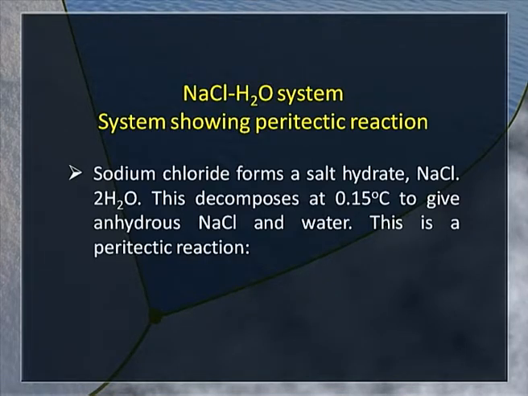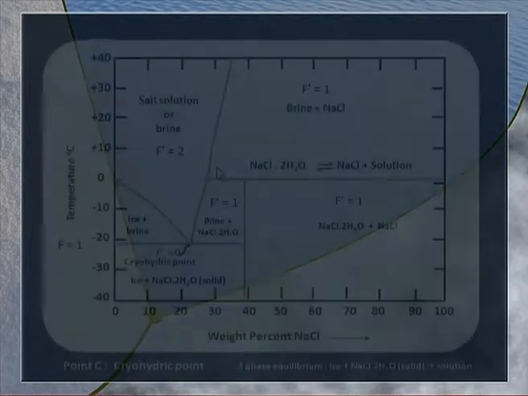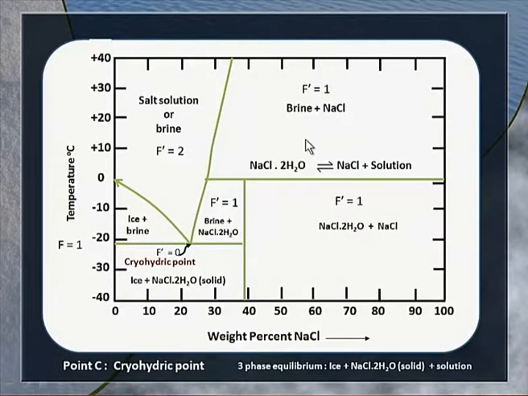This is nothing but a peritectic reaction, and we can see here an equilibrium between the dihydrate and the anhydrous salt plus solution. Three phases are there, and it tells us that the number of degrees of freedom should be 0. So, here is the phase diagram of the sodium chloride water system. We can easily recognize that it is a system in which there is a peritectic reaction.